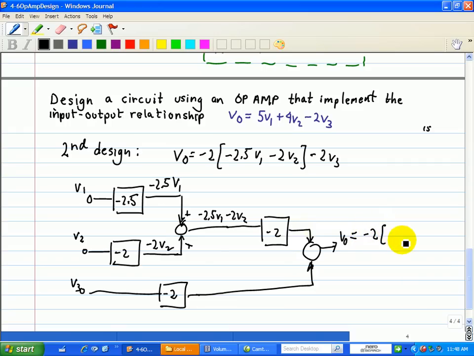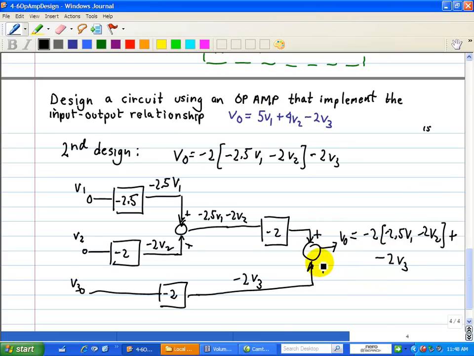Which is basically -2 times (-2.5 V1 minus 2V2), all that multiplied by -2 as shown here, and then we have a -2 times V3, so that's -2V3. Okay, we put a plus here and then a minus here to illustrate that.